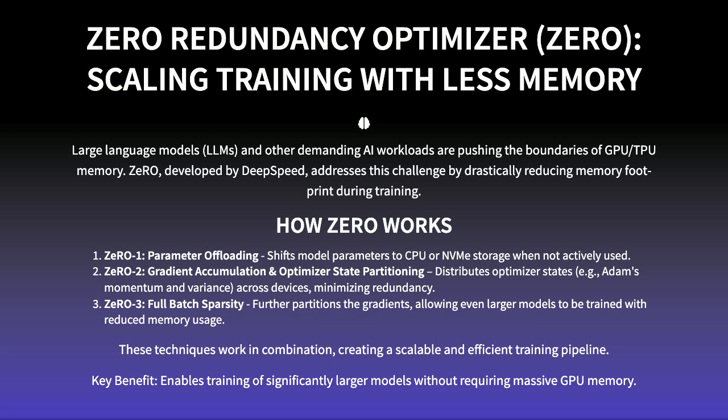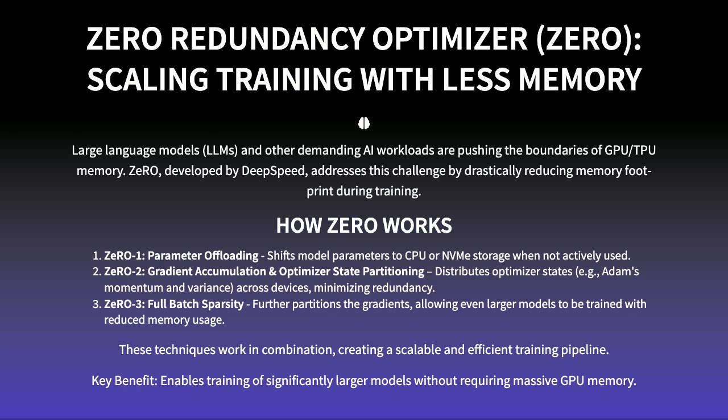It's not just about spreading things around, it's strategically doing so to remove redundancy. Think of it like this: if you don't need a particular piece of information at a specific moment, ZeRO moves it off the primary GPU memory and stores it elsewhere, potentially on CPU RAM, or even NVMe storage.